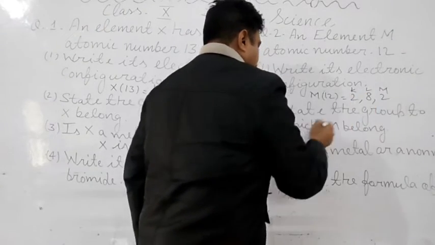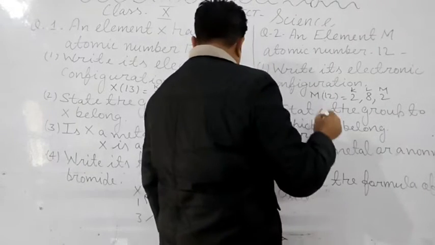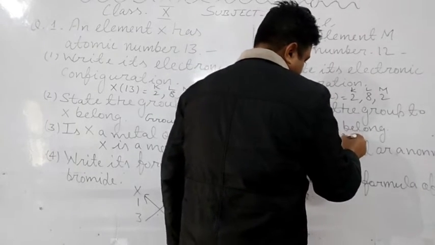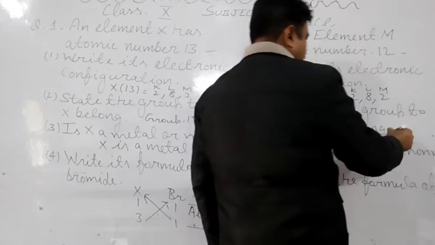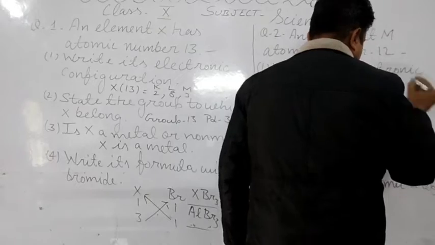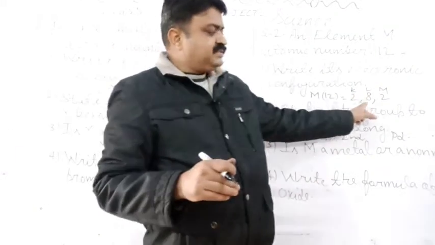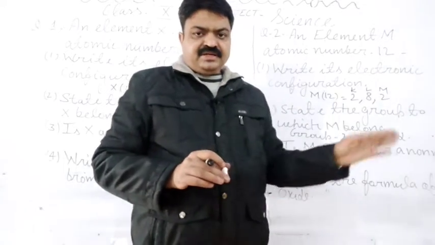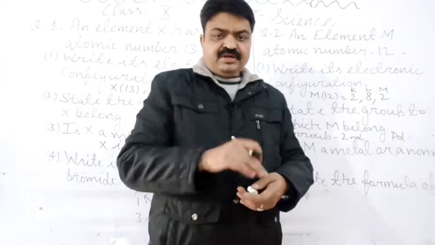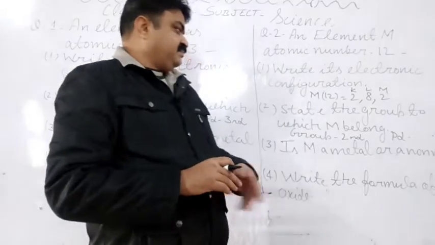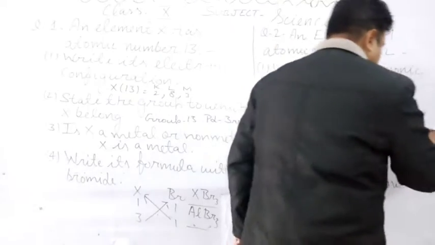So group is second group, and period is also second or third? Tell me. Period is third, student, because how many shells are here? Here 3 shells. So according to the number of shells, what is the period? It is third period.